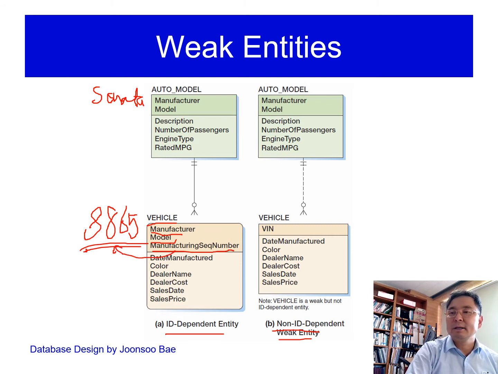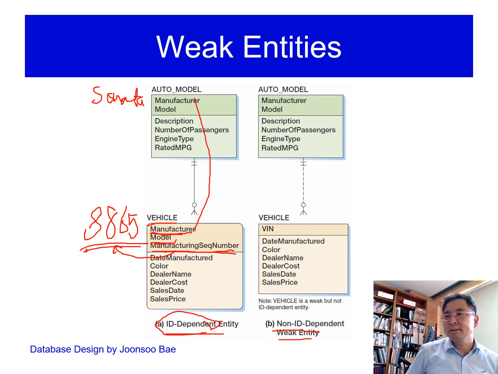Okay, so if we design an automobile ER diagram like this one, with auto model and vehicle entity, and also we design attributes such as manufacturer, model, and manufacturing sequence number, just like a vehicle here, then this vehicle is an ID dependent entity because manufacturer exists in the parent, model exists in the parent.